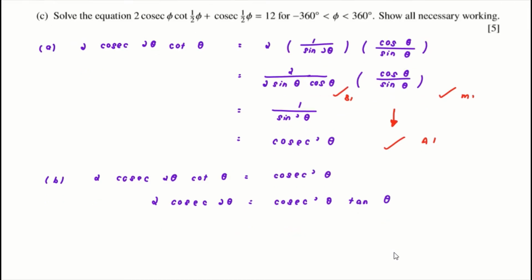Okay, so in this case, we try to let our theta equal to 15. So when we solve it, cosecant square 15 multiply tangent 15 will be equal to 2 cosecant, then 2 multiply with 15. Okay, so we have 2 cosecant 30.